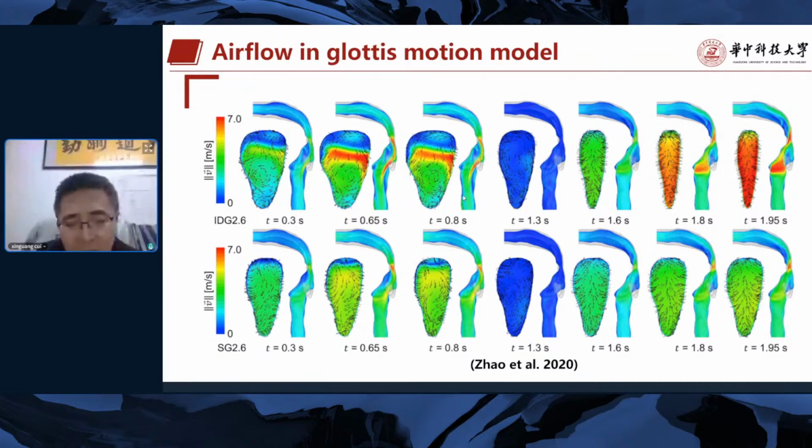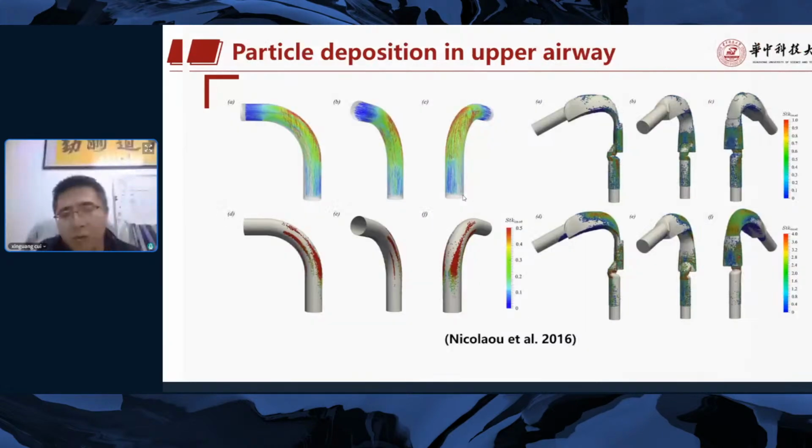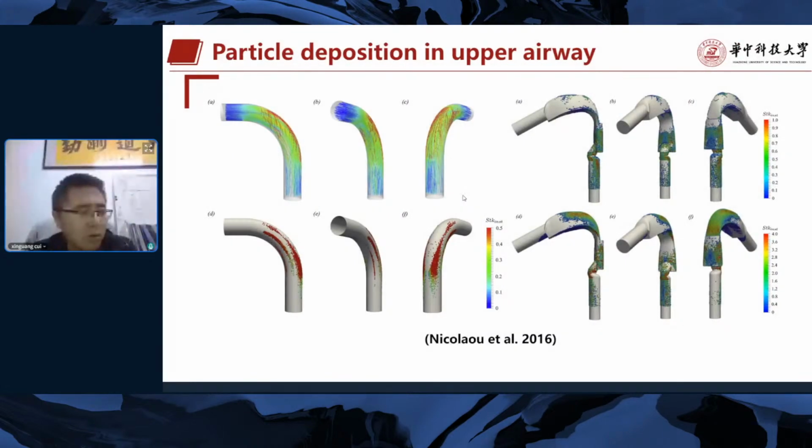it in fact impacts the vortex distribution. Also for the particle deposition, I think in the upper airway it is mainly deposited by flow impact, where the airflow impacts on the airway, for example here and here.